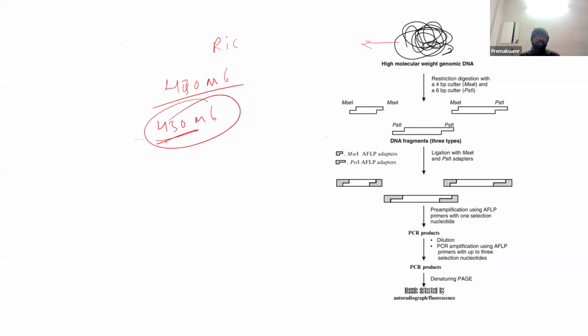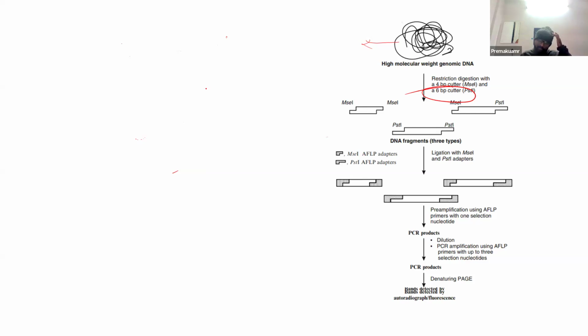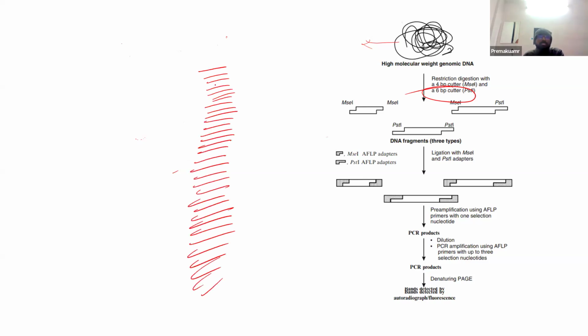If the GC is equally distributed and it is a 6 base cutter, the probability of having the restriction sites is one in 6 to the power of 4 maybe. Means we have a large number of restriction sites. We all know this. Many of the genome sequences have restriction sites. See how many millions of fragments we are going to generate. We will generate millions of fragments.